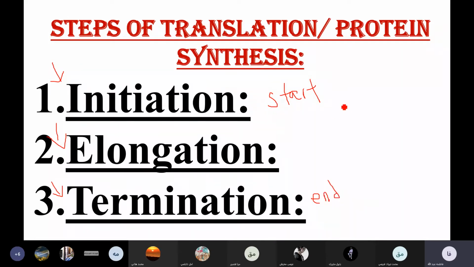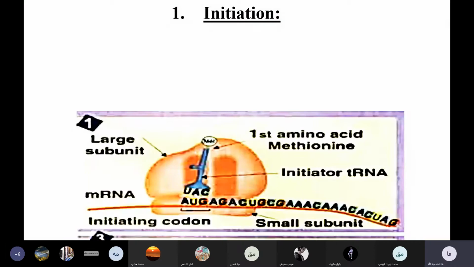You should know that initiation starts with a start codon. هنشوفه بعد شوي. And termination ends with a stop codon. So termination ends with a stop codon.